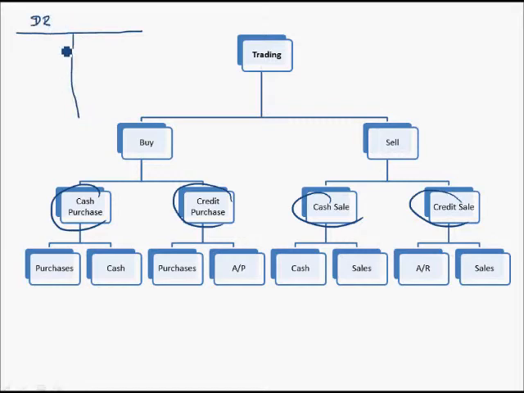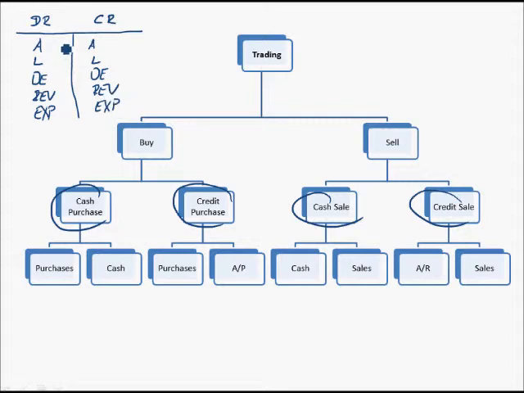DR, that's debere, for debit, and CR, credere, that's for credit. We also know that there's 5 categories of accounts: assets, liabilities, owner's equity, revenue, and an expense. Now I'm going to write all this again: assets, liabilities, owner's equity, revenue, and expense.